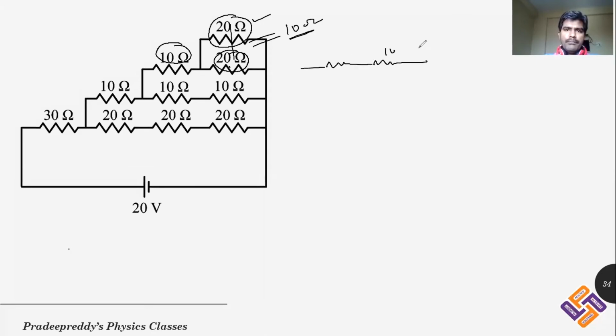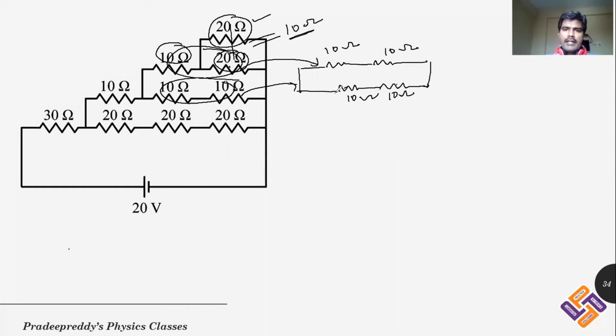This is 10 ohm, this is 10 ohm, and that is connected with these two resistors, which are 10 ohm and 10 ohm. 10 and 10 both are connected in series, right? These two connected in series, these two connected in series, overall connected in parallel.